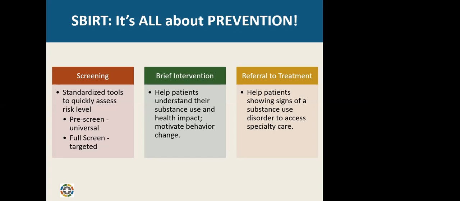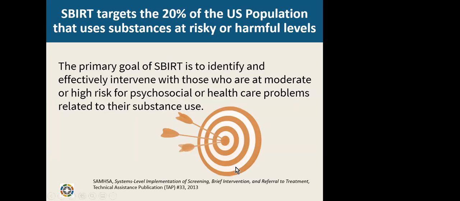So we'll get into the brief intervention and the referral to treatment here today. So keeping in mind, SBIRT does target the 20% of the U.S. population that uses substances at a risky or harmful level. This is really where research has shown the most impact, the most positive outcomes for doing a brief intervention is for these individuals.